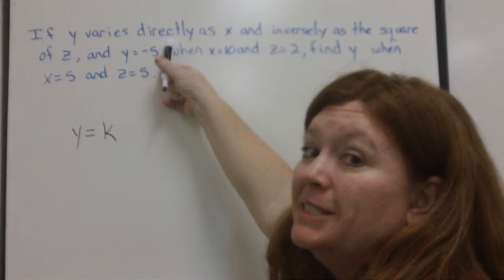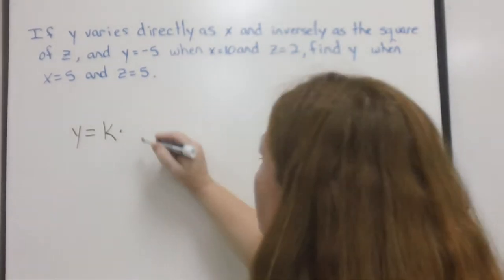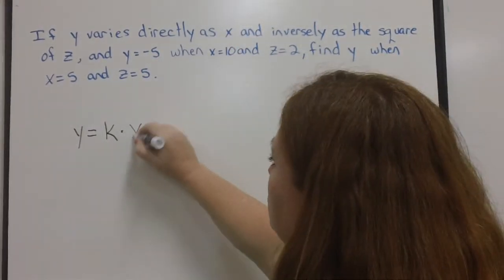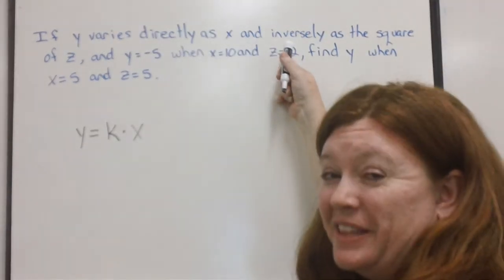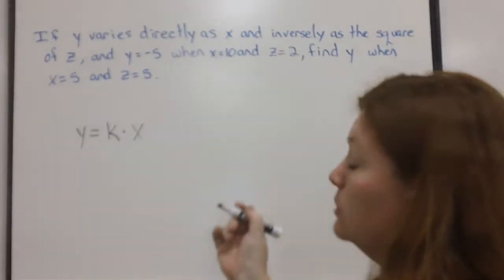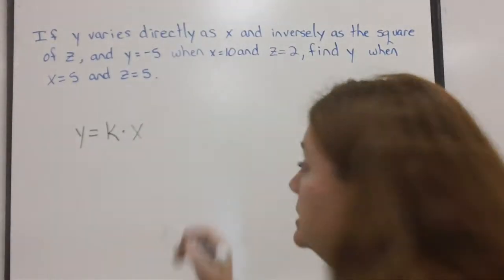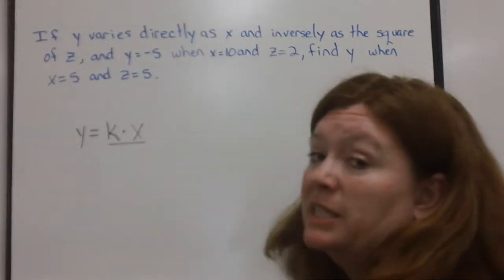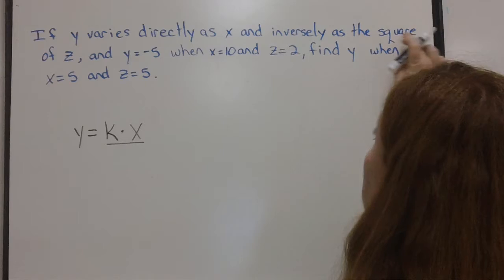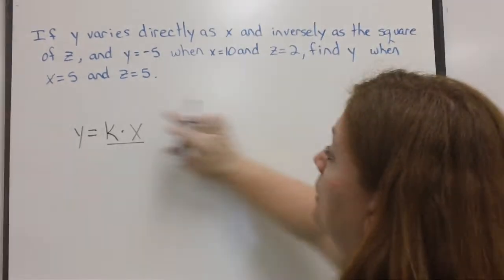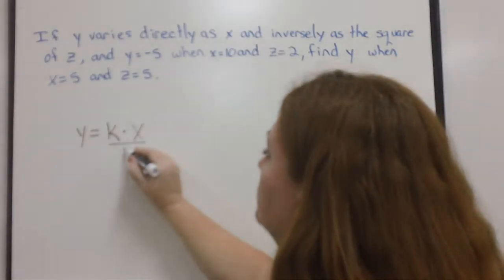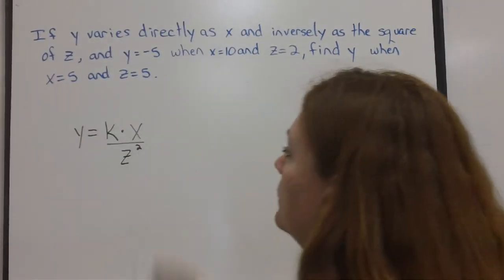Directly means times x. And inversely, ding, ding, ding, the second that you see that word, you now stop and you write a division symbol, because it's divide. Inversely means divide. As the square, not square root, square of z. Z to the second power.